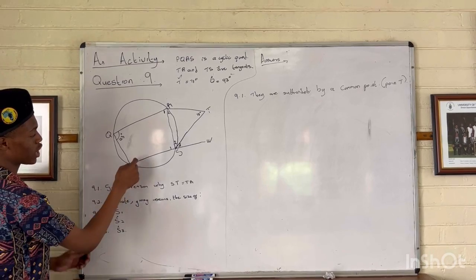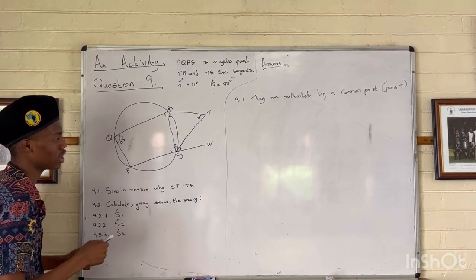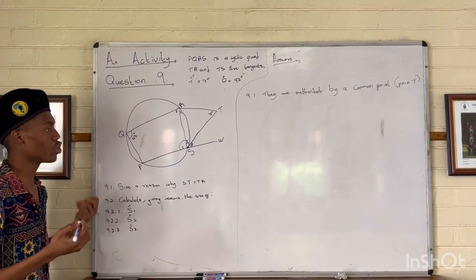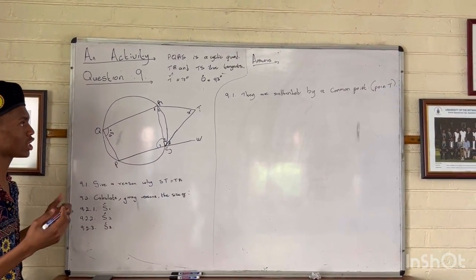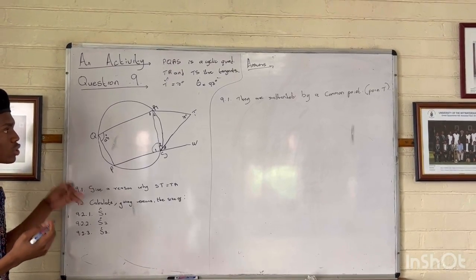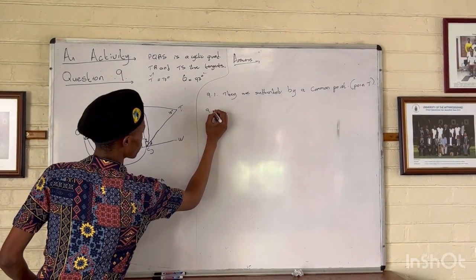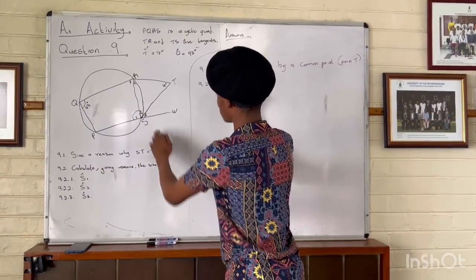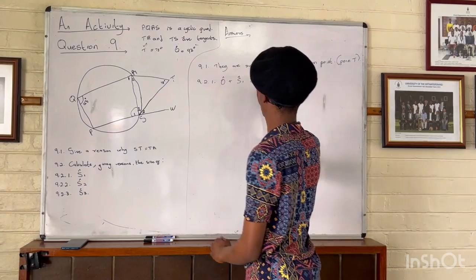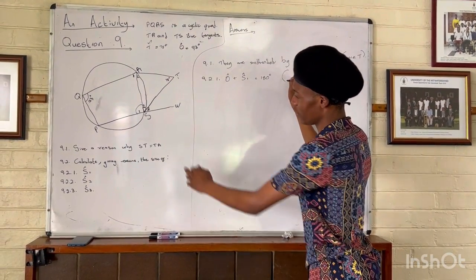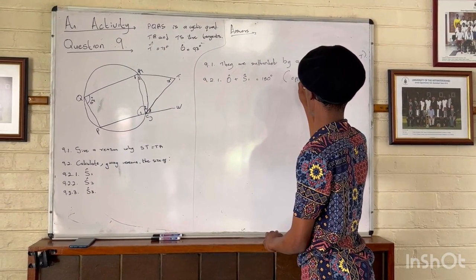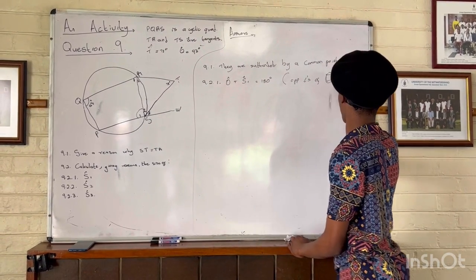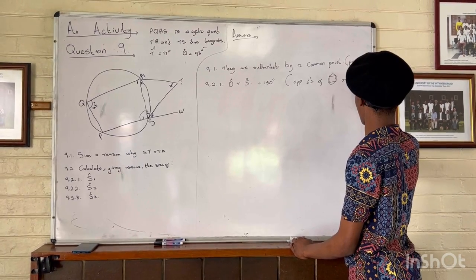Then where is S1? S1 is inside a cyclic quad. Here is our cyclic quad. Then here is our S1. So we know that opposite angles of a cyclic quad are supplementary. So now let's work on that. 9.2.1. Angle Q plus angle S1 is equal to 180 degrees. Reason: opposite angles of a cyclic quad are supplementary.